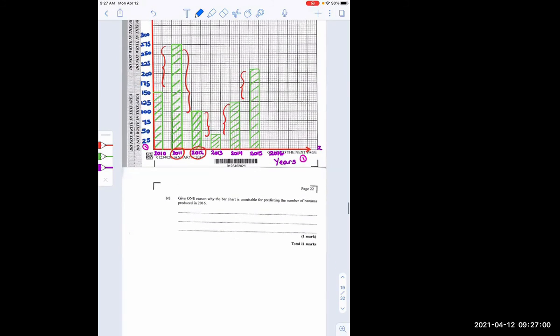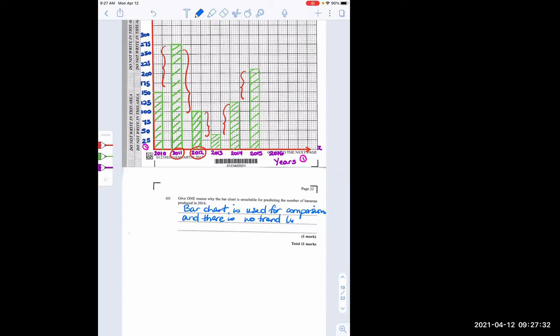Now, a bar chart is used for comparison, meaning that it compares 2 things, right? And there is no trend line, meaning that we don't know how the graph is going to go, whether it's going to go up, meaning that there's an increase in production, or go down, meaning that there's a decrease.